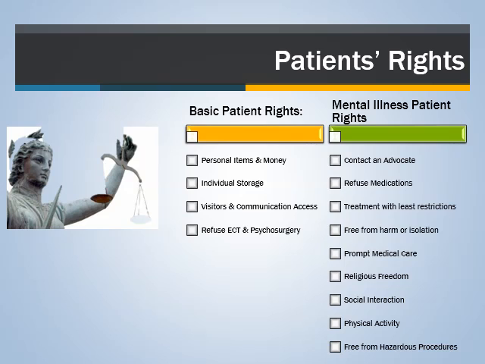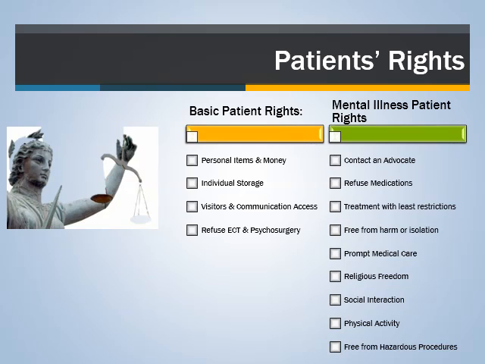So the basic premise is they still are able to have a little bit of their own space and their own stuff, and also to have some autonomy over themselves and an ability to be in communication with people outside.